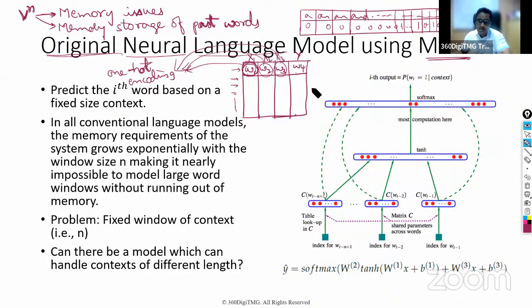That means for each and every word, the size of this will be equivalent to V. For this word 2 also, the size will be V. For word 3 also, the size will be V. V means 172,000. And then you connect all of those to a hidden layer.